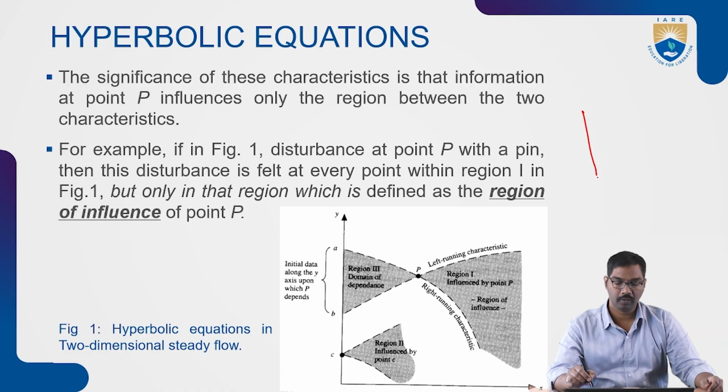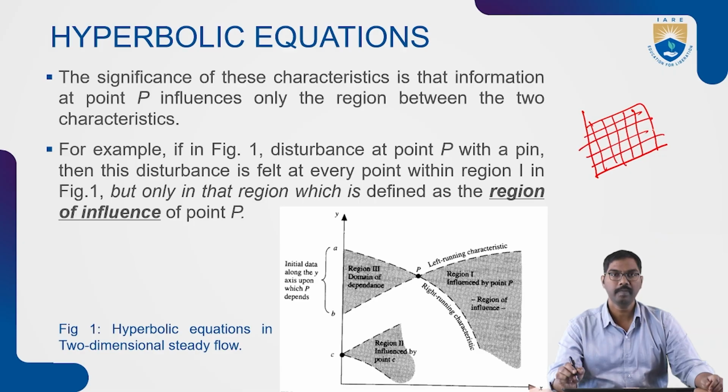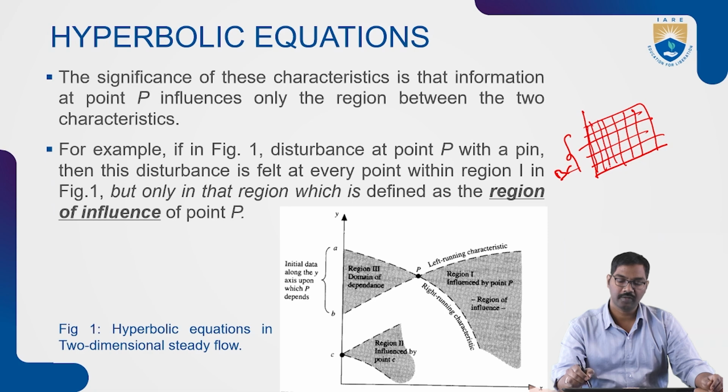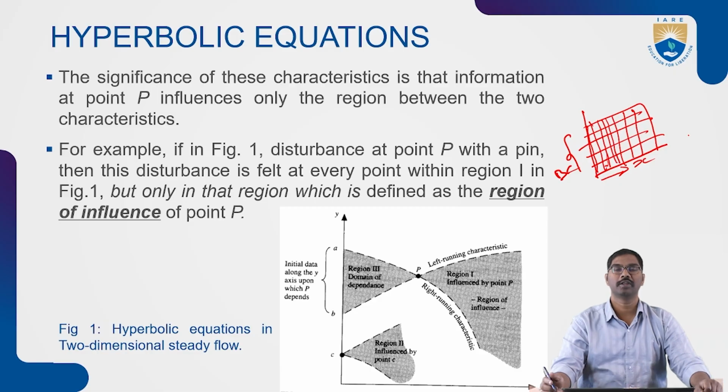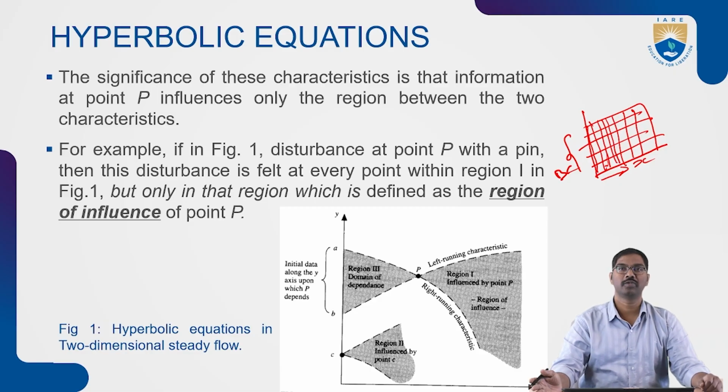For example, when you consider a fluid domain which has been divided into small volumes, we define boundary conditions so that the first set of solution will be the input to the next set of solution, and the second set will be the input to the third set, such that it goes in a marching direction in the x direction. We obtain the solution from one set of volumes to the other, so that we get it throughout the domain.